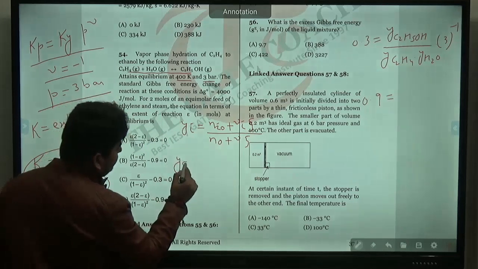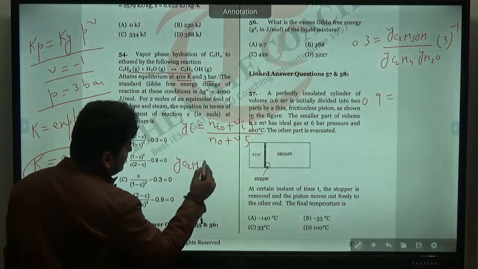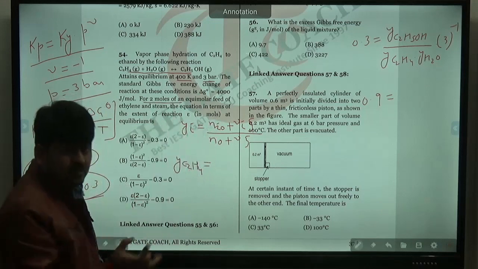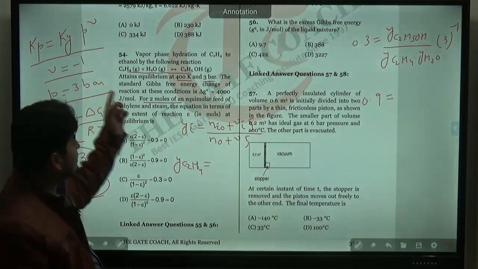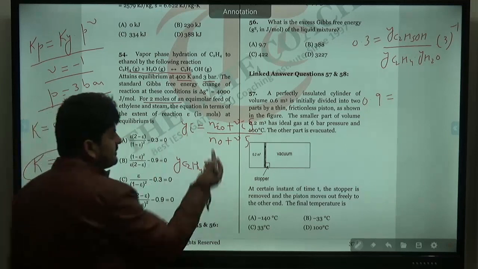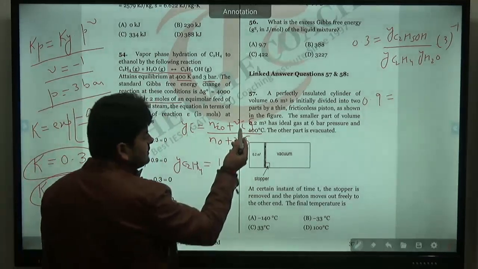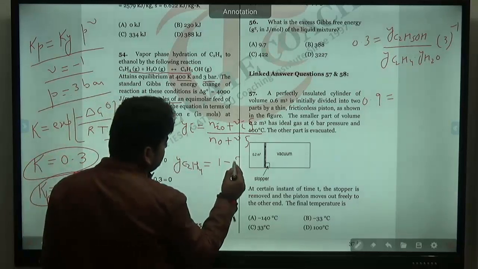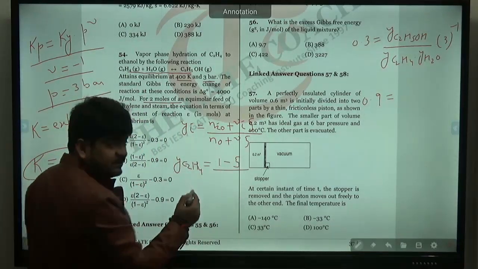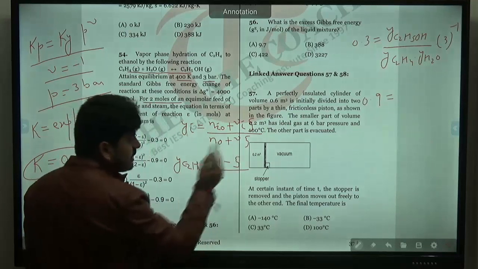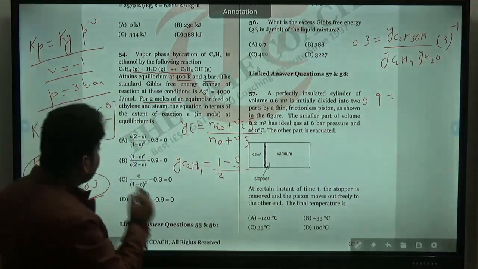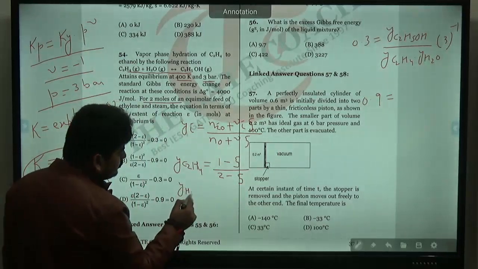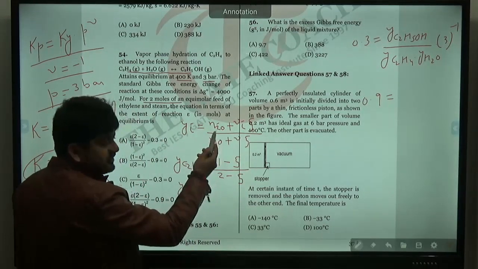So here for Y of C2H4, it was given that we have a total of 2 moles of feed, equimolar. So it means 1 mole C2H4 and 1 mole H2O. So initial moles of C2H4 will be 1. Stoichiometric coefficient of C2H4 is -1. Total moles 2. Overall stoichiometric coefficient is also -1, so minus zeta. Similarly for Y of H2O, initial moles of H2O is 1.